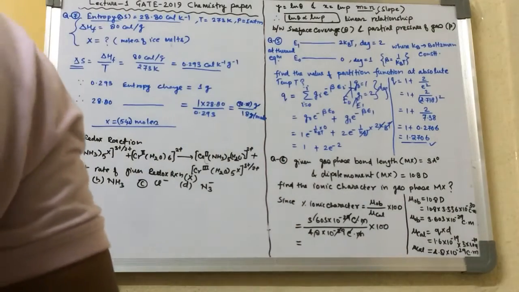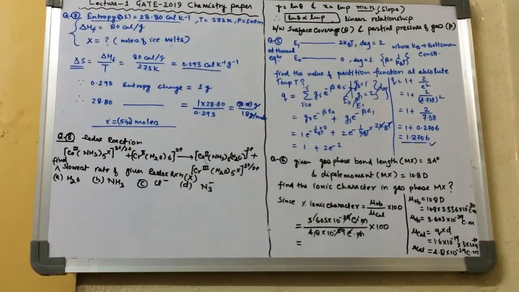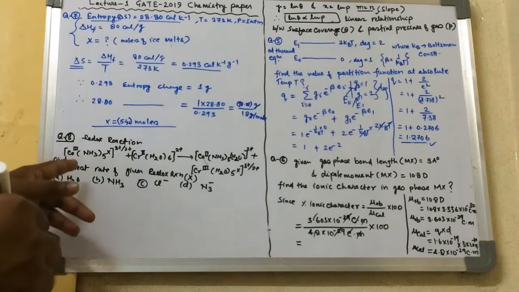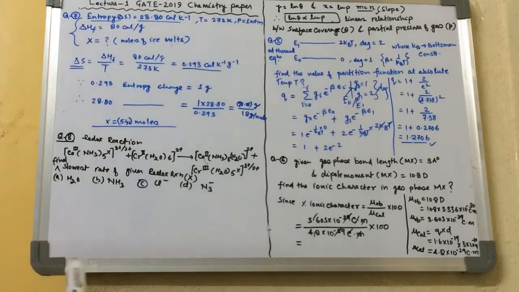You have to pick which X slows down the rate of this redox reaction.